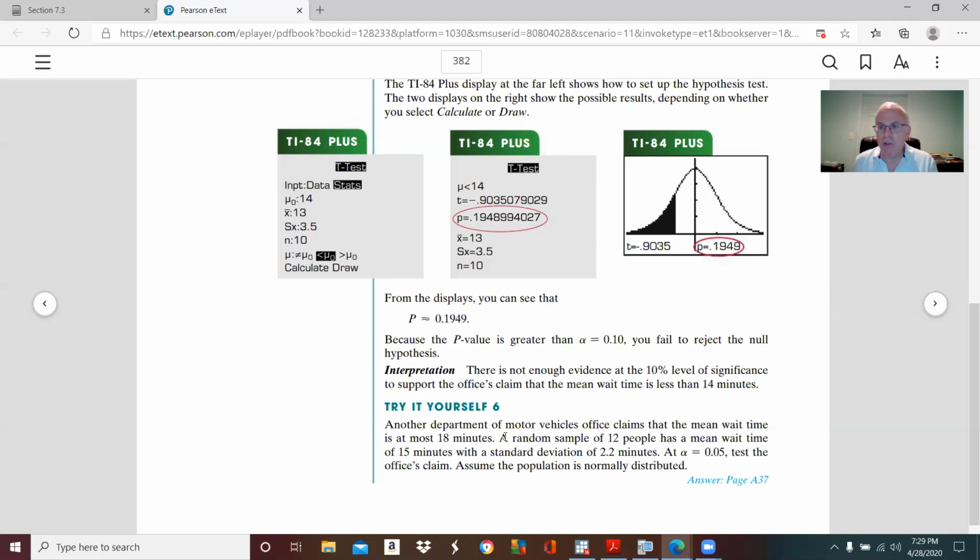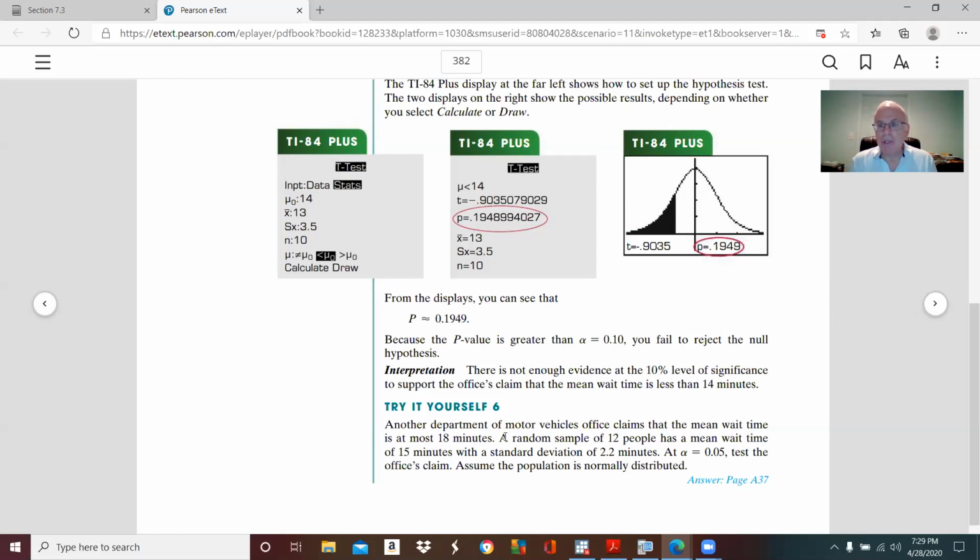Now remember, when we first started hypothesis tests in 7.1, on one of the first two pages, it had a list of phrases like at most or no more than. And we translated that into symbols, remember?